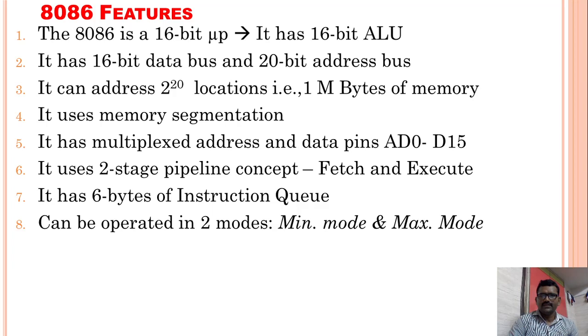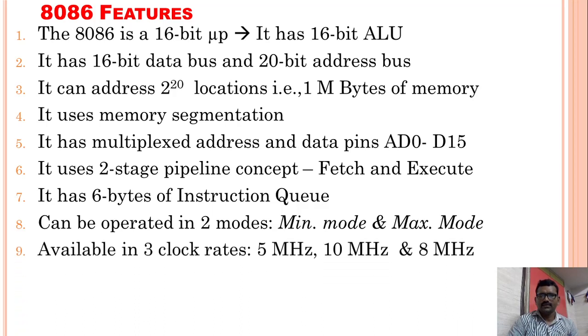And the 8086 microprocessor is designed to operate in two modes, that is minimum mode, also called single processor mode, and maximum mode. Maximum mode means multi-processor mode. And the 8086 microprocessor is available in 3 clock rates, which are 5 MHz, 8 MHz and 10 MHz.